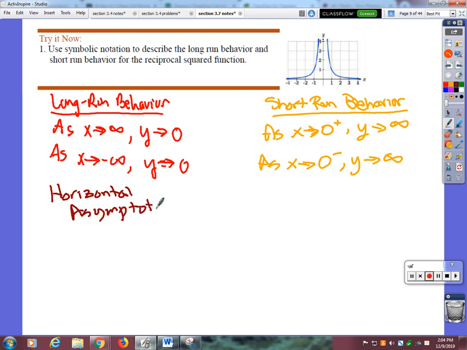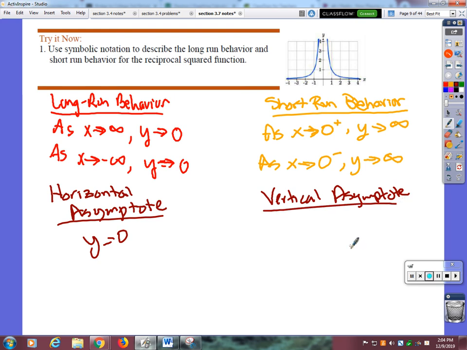Yep, at y equals 0. Okay? That's why. And then what does this tell us? Vertical asymptote. Okay, this says that we have a vertical asymptote at what? x equals 0.